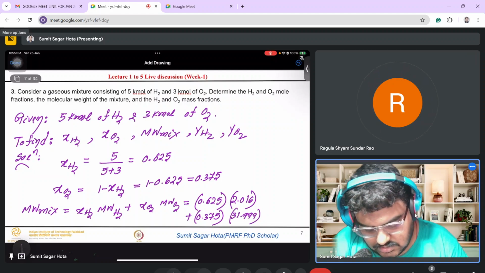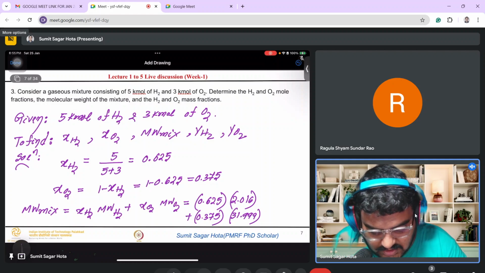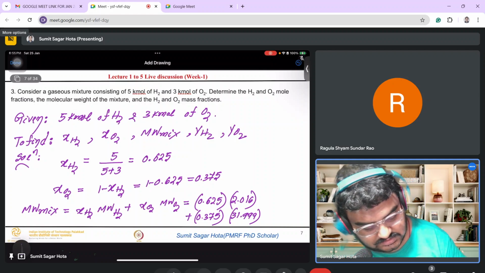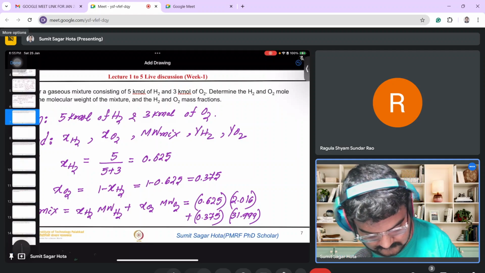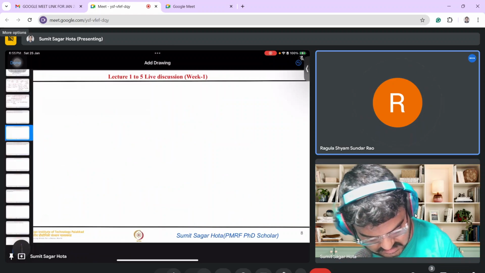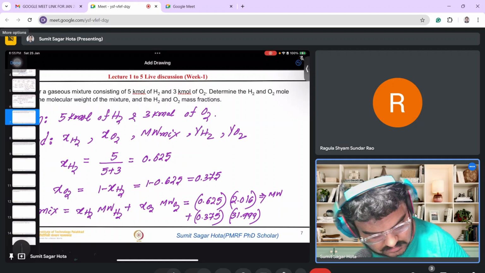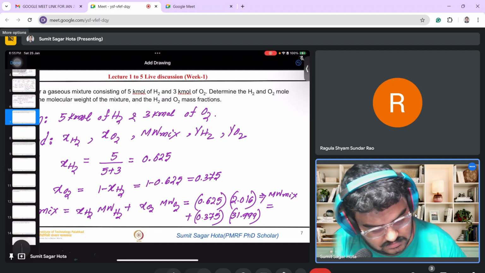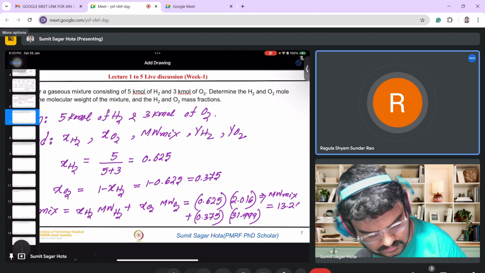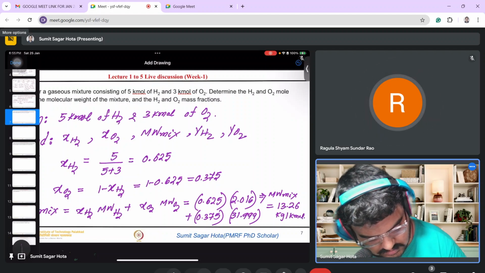The molecular weight of the H2 and the molecular weight of the O2 are substituted. The mole fraction we already calculated. So now we can solve and calculate the molecular weight of the mixture.